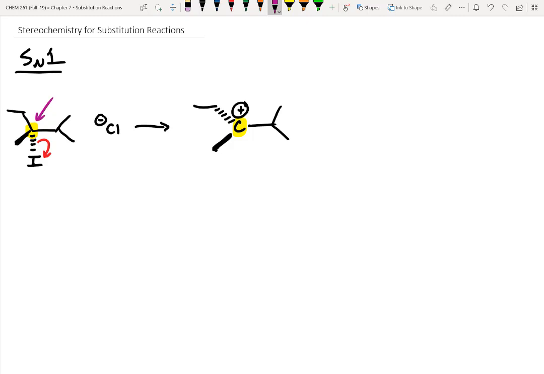It was sp3. What about the hybridization over here now? sp2. So we've changed the hybridization of the carbon once the leaving group's fallen off. What else is unique about an sp2 carbon? What orbital is very, very important? The p orbital. Okay, so in this sp2 carbon, we've got this p orbital kind of hanging up and down, so it can go both in and out of the plane, right?